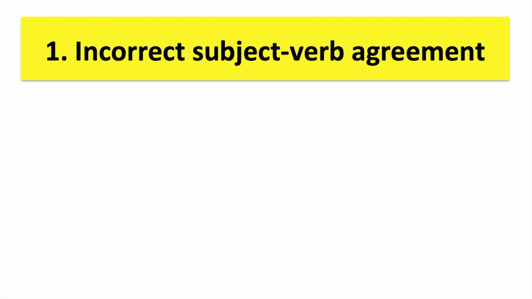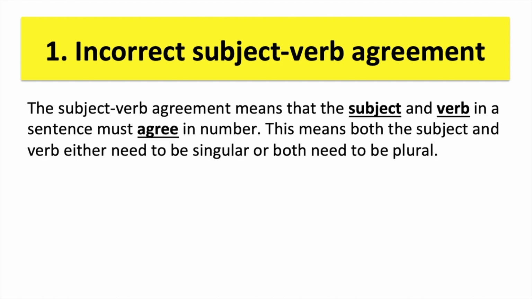Incorrect subject-verb agreement. The subject-verb agreement means that the subject and verb in a sentence must agree in number. This means both the subject and the verb either need to be singular or both need to be plural. Let's have a look at an example.